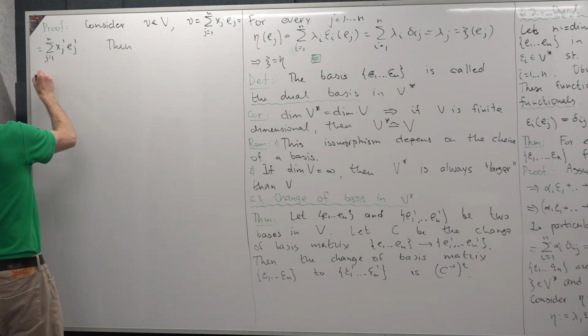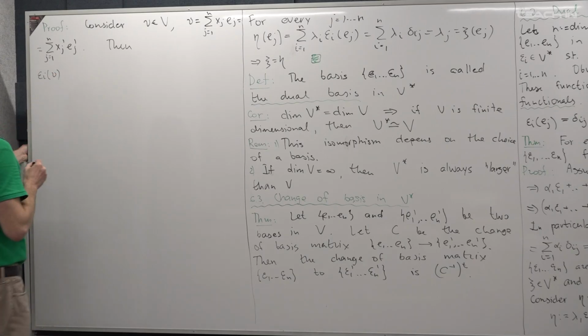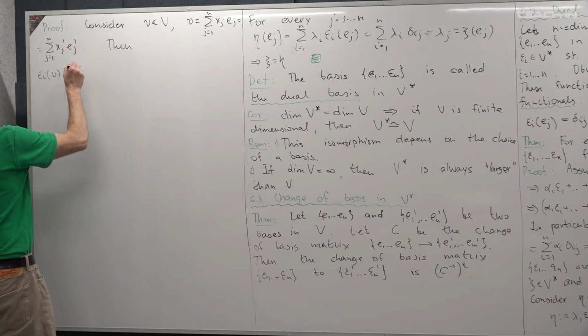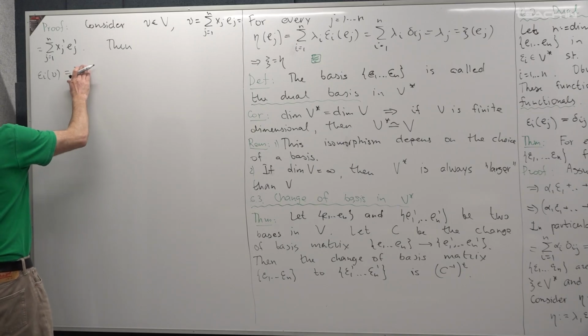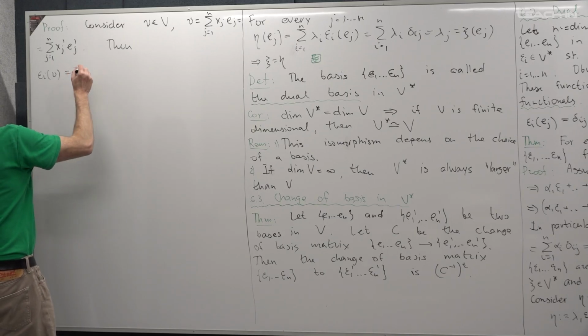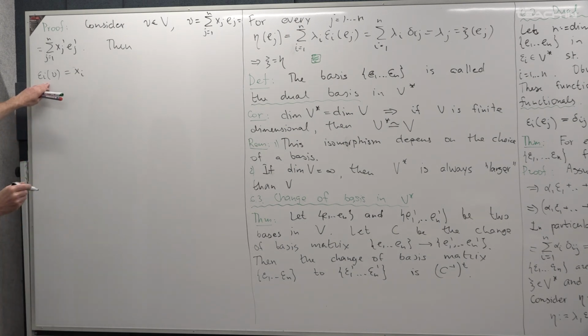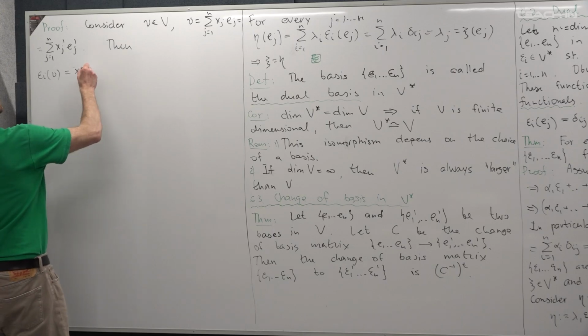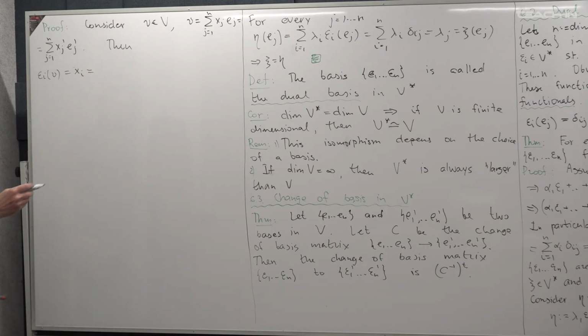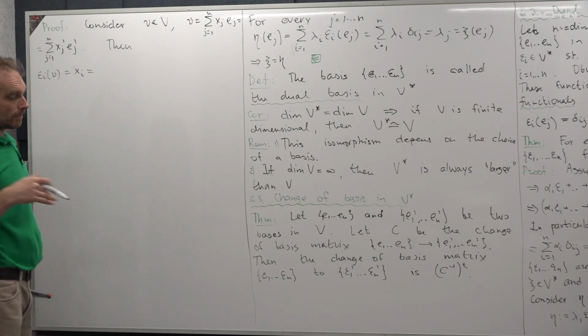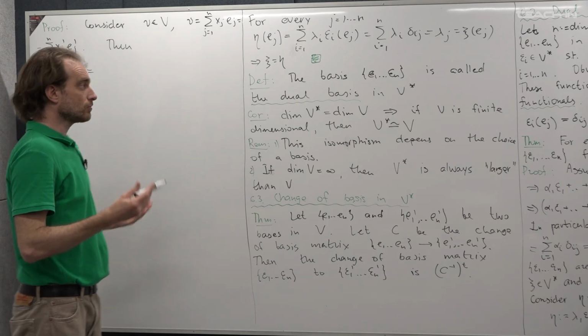Then epsilon i of v equals just x sub i, because this is the coordinate functional, and we know the relation between the coordinates of a vector with respect to two different bases.